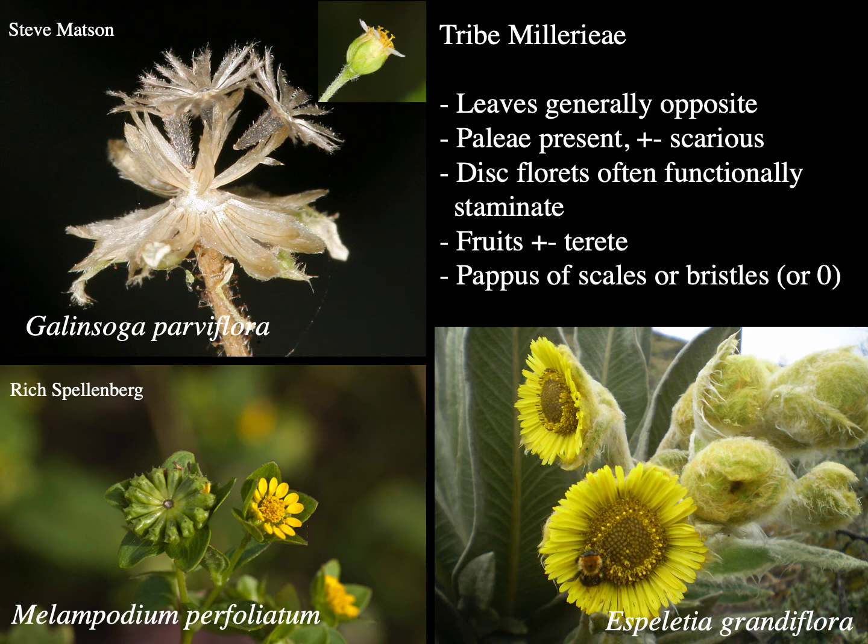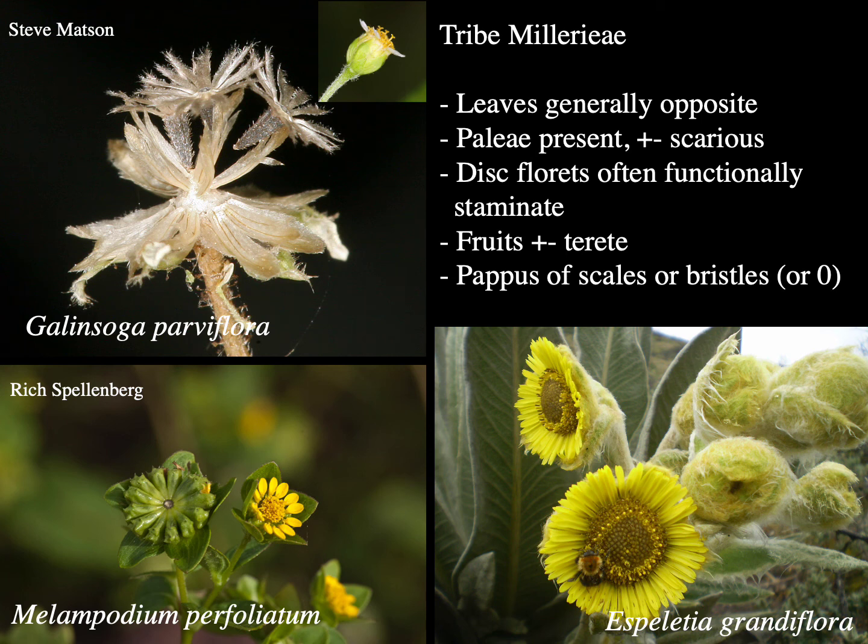The ray florets are generally pistillate, as in most composites, but unlike in some Heliantheae that have neuter ray florets that just serve as flags for pollinators, namely in subtribe Helianthinae that includes the true sunflowers. And the disc florets of Millerieae are often functionally staminate, with reduced sexual expression there.